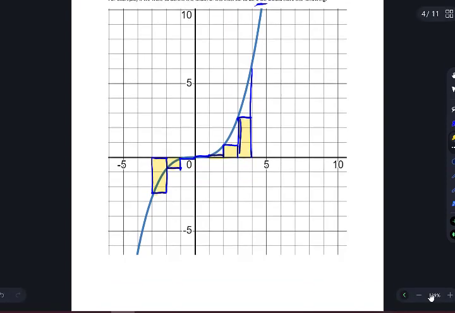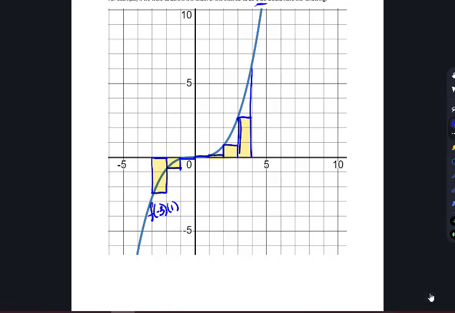Now, if we look at how we're going to calculate the area of these rectangles, notice that for the first rectangle, the height of this rectangle is given by the function evaluated at -3 times my width of 1.